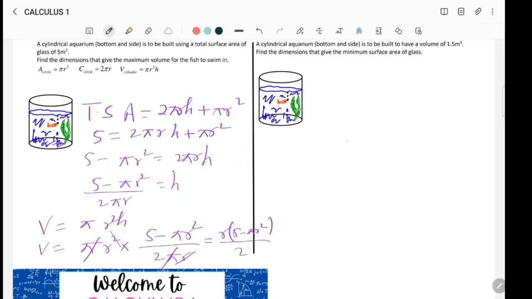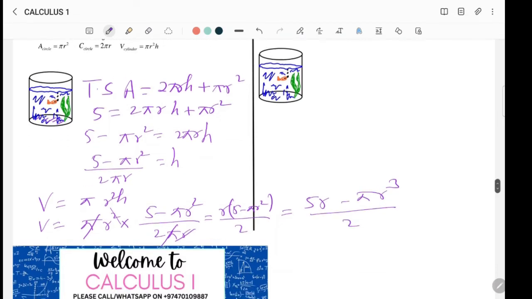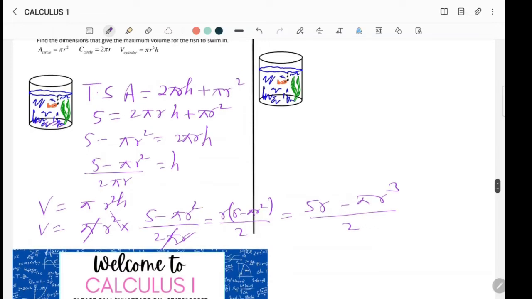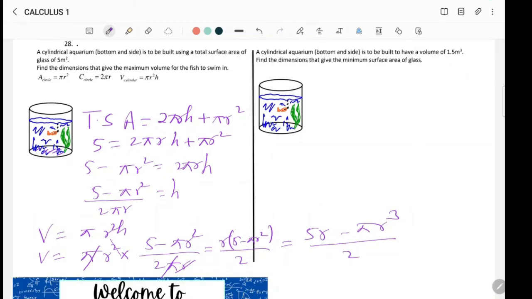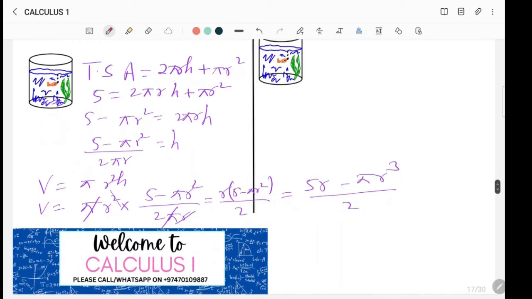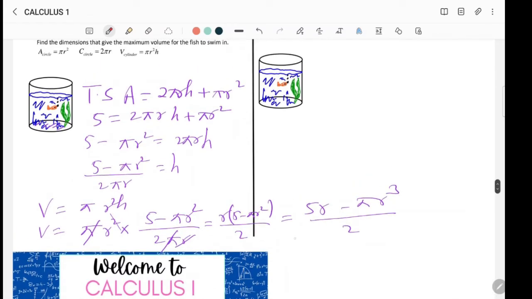I don't have space, so I think I have to use another page for this question. So this is 5r minus pi r cube over 2, right? We got V. Now we have to differentiate this V with respect to radius.